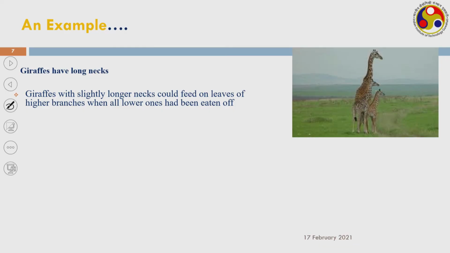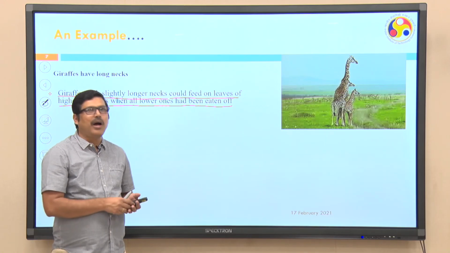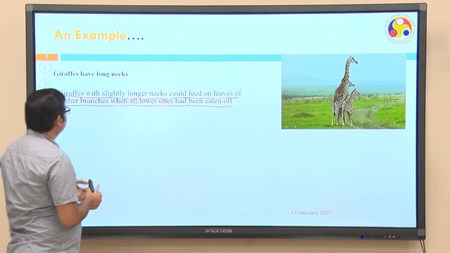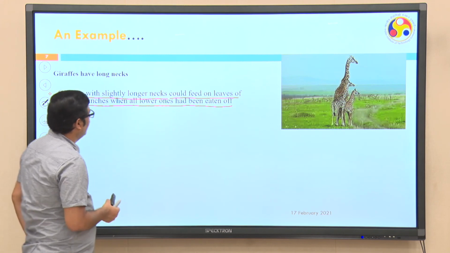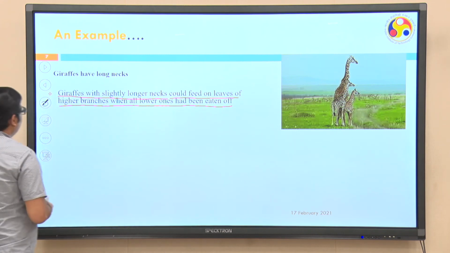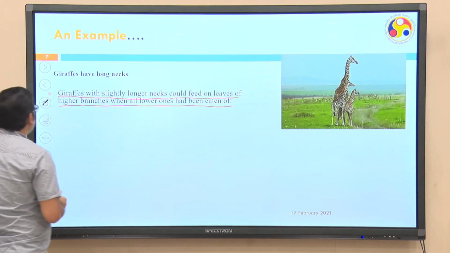At that time, a giraffe with a slightly longer neck could feed on leaves of the higher branches when all the lower leaves had been eaten off. So, when there was no leaf on the ground, the giraffe with a slightly longer neck was in an advantageous position and could take the leaf from the higher branches.